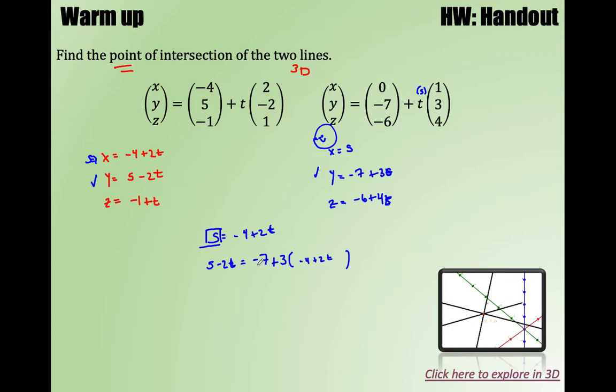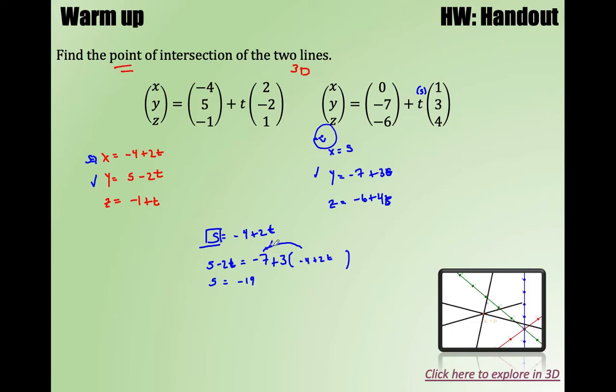And my algebra 1's pretty fast. I'm going to leave this 5 over here, but this is going to be -7 minus 12, which is -19, and then plus 6t.